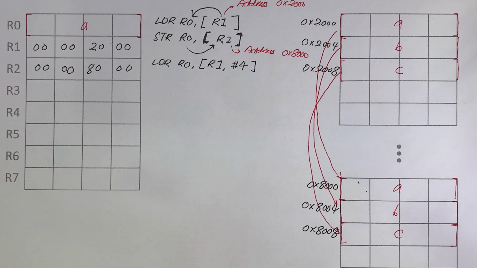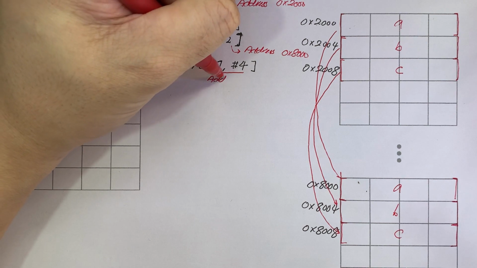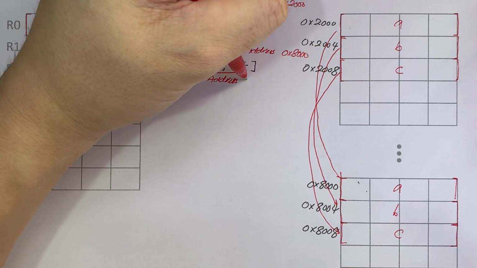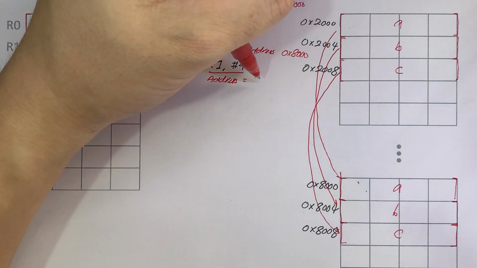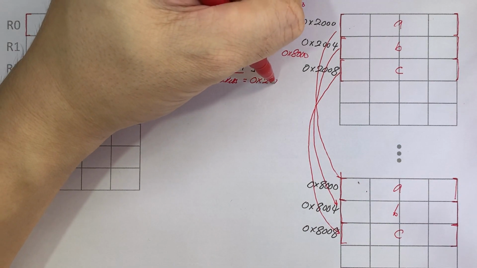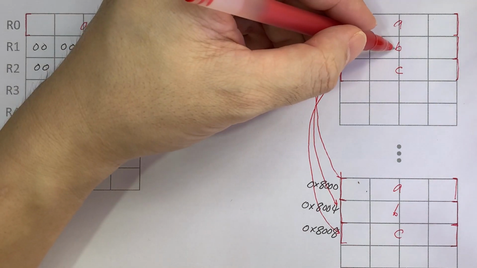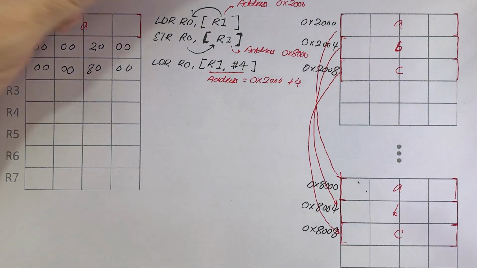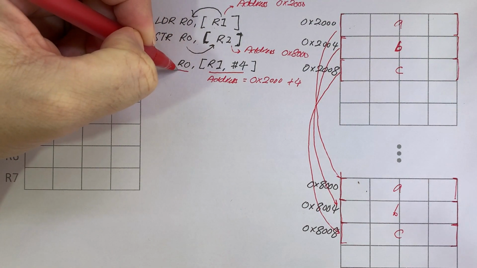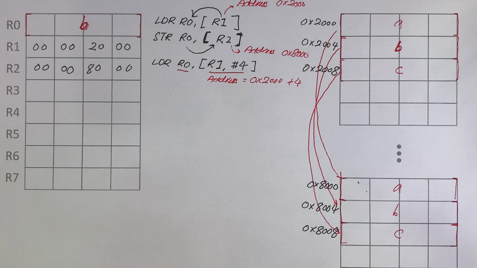Alright, so the address is now R1, which is 2000, plus 4. Right, again, you could guess it's B. This is the data we're going to move, and the destination is still R0. So this one will be replaced by B.